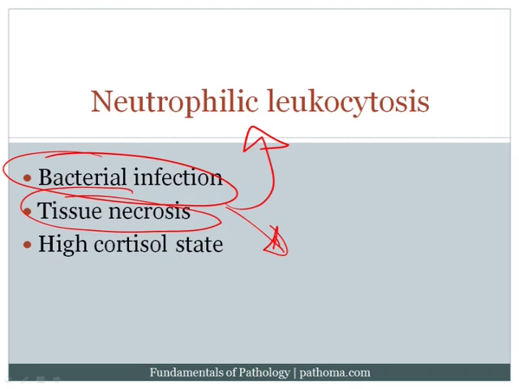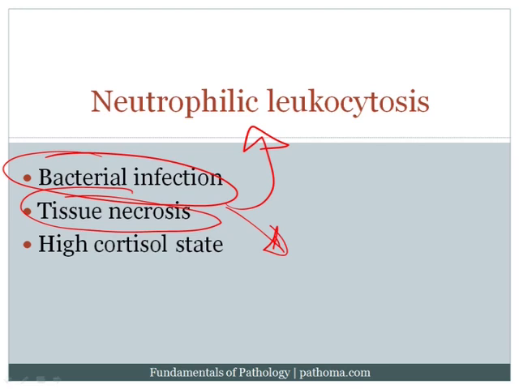a left shift is that when immature or precursor neutrophils are released into the blood, those cells are characterized by decreased Fc receptors. And of course, Fc receptors are important because they help the neutrophil to recognize immunoglobulin, which is going to act as an opsonin for phagocytosis. So there's going to be a decreased expression of Fc receptors in immature neutrophils, and so they don't function quite as well as a mature neutrophil.